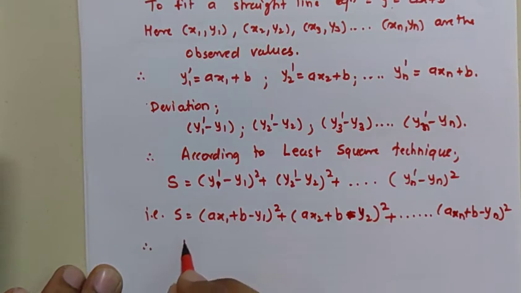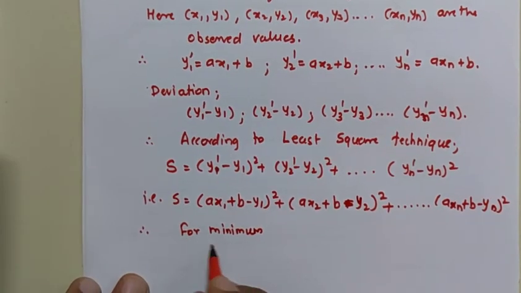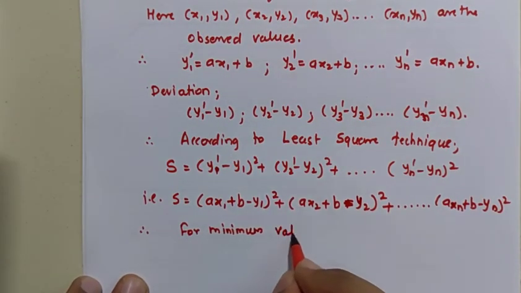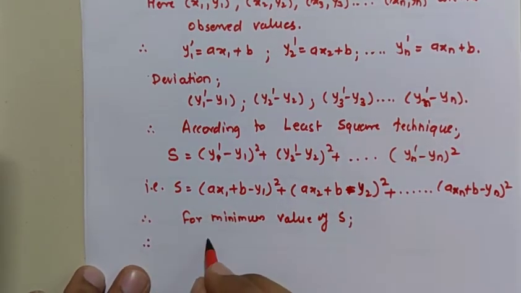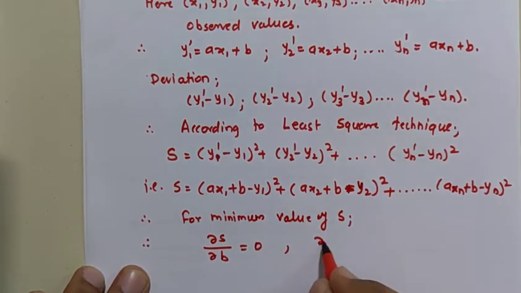So for the minimum, we have to minimize this deviation. So for the minimum value of S, del S by del b is equal to 0 and del S by del a is equal to 0.